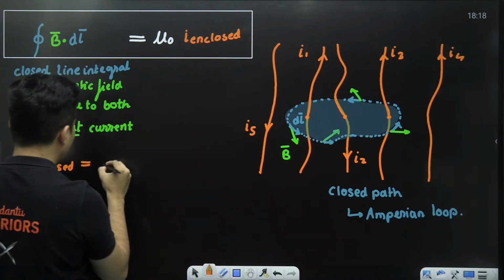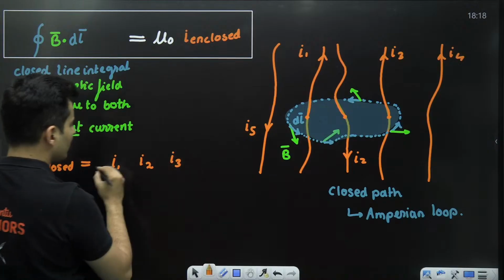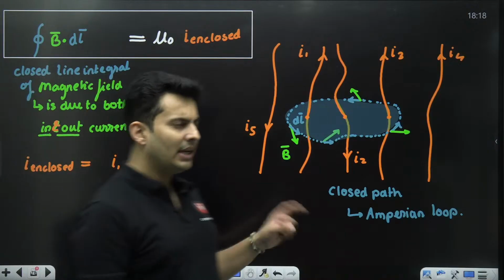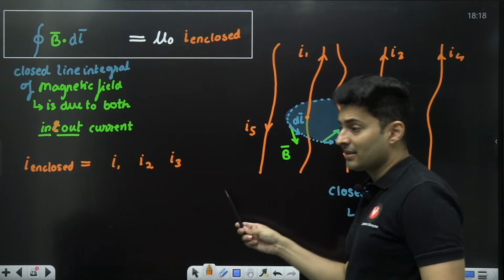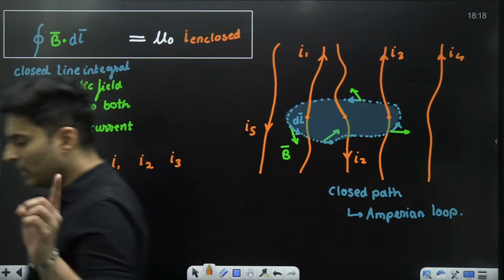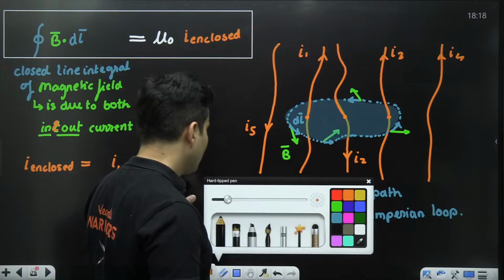A lot of you might think, sir, I1 is there, even I2 is there, even I3 is there. So I1 plus I2 plus I3. That is not correct actually, because even these currents have a sign. Now you might be wondering, how is current given a sign? Very straightforward.